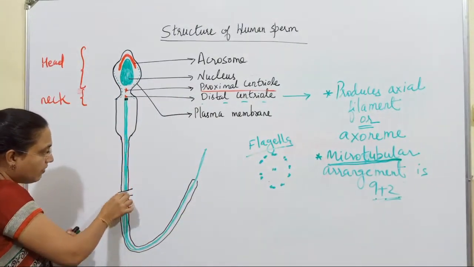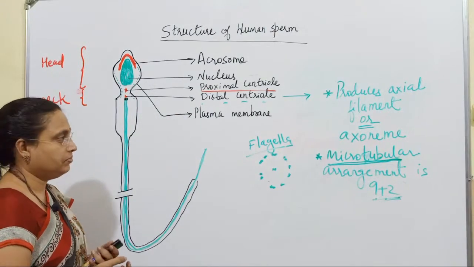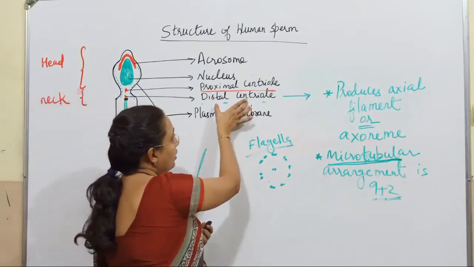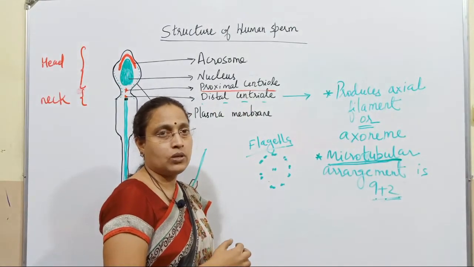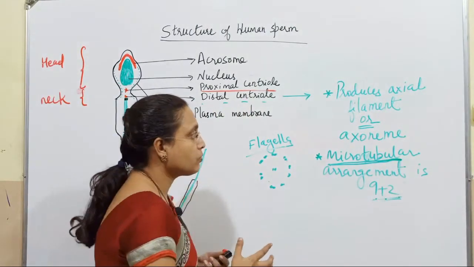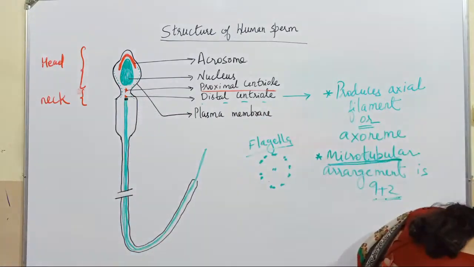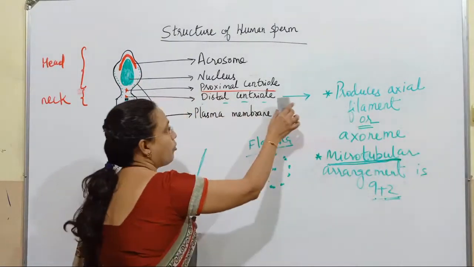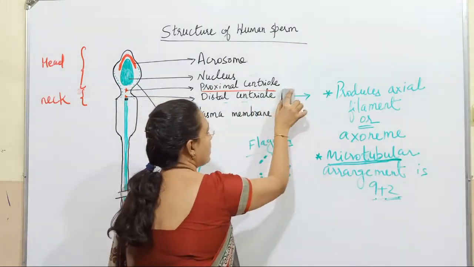This continues even in the tail of the sperm. So this was about the function of the distal centriole. The function of the distal centriole is to produce the axial filament. So these are the points we should be relating to the distal centriole.